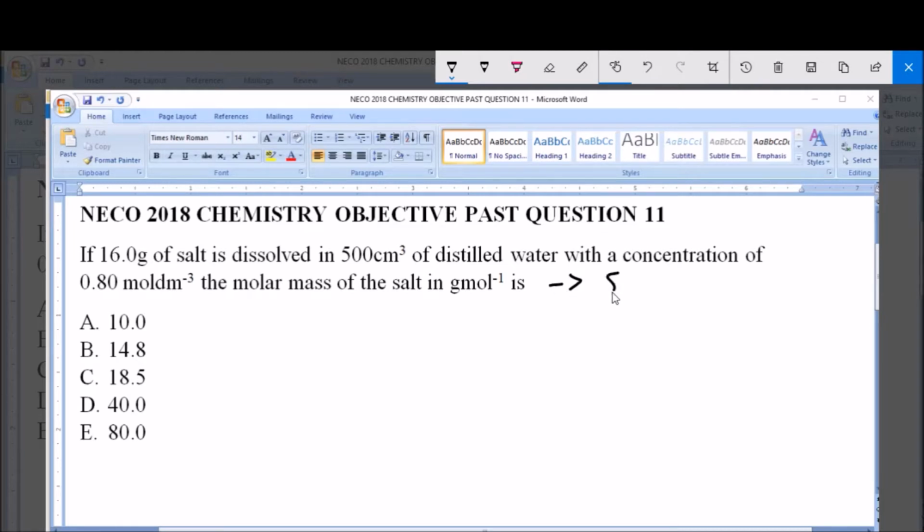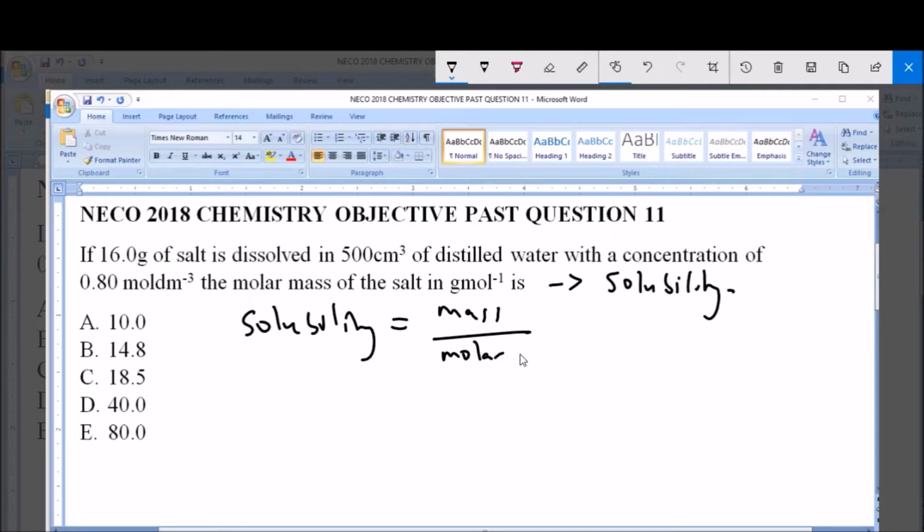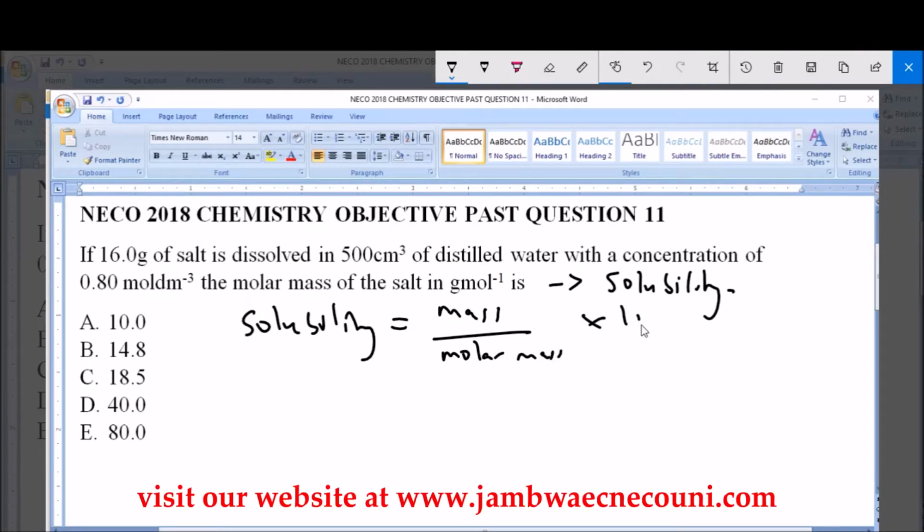So this question is a solubility calculation, and the solubility formula is given as mass over molar mass times 1000 over the volume.